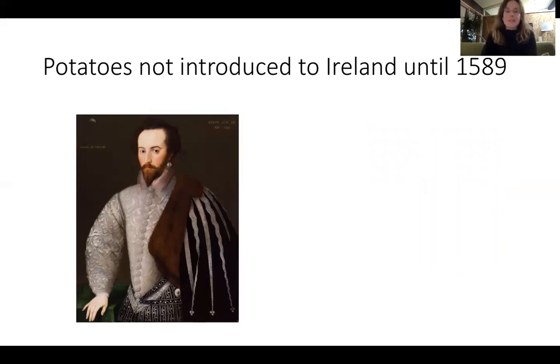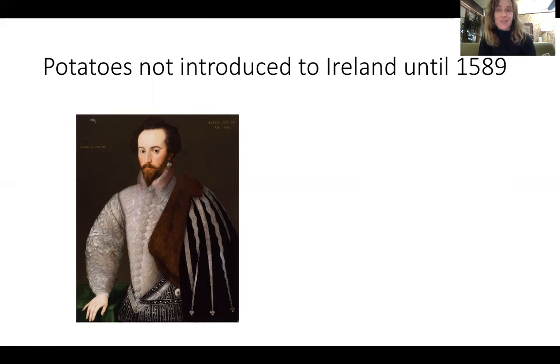Now it's kind of funny, or it's not funny, haha, but it's strange. Potatoes were not introduced to Ireland until almost 1600, and it was Sir Walter Raleigh who introduced them, right? Because potatoes are a South American and Central American crop. They originated in the Andes somewhere thousands of years ago, but it wasn't until Europeans started colonizing and exploring the rest of the world that they brought these crops back to Ireland.